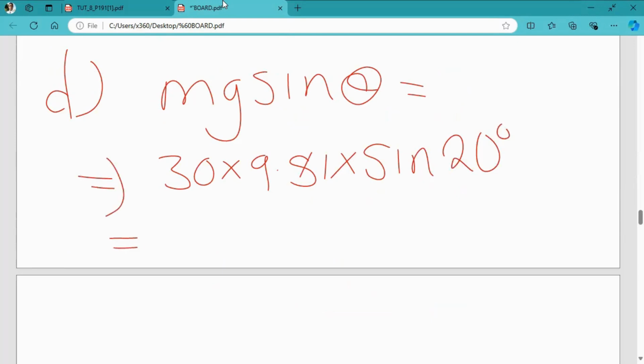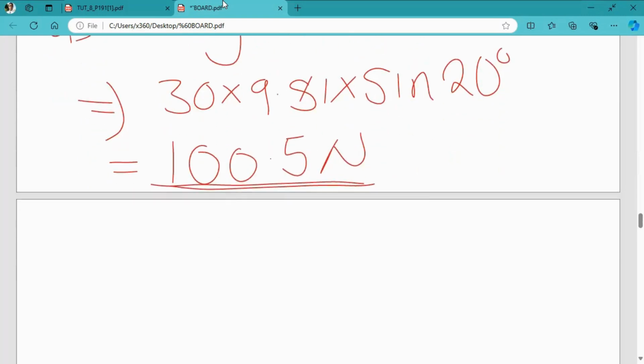And what are we going to get if we multiply those? We're actually going to get 100.5 Newton. That is the parallel component of our weight.